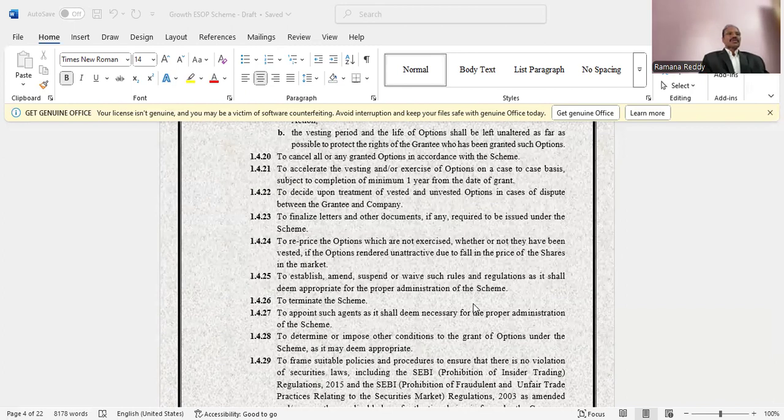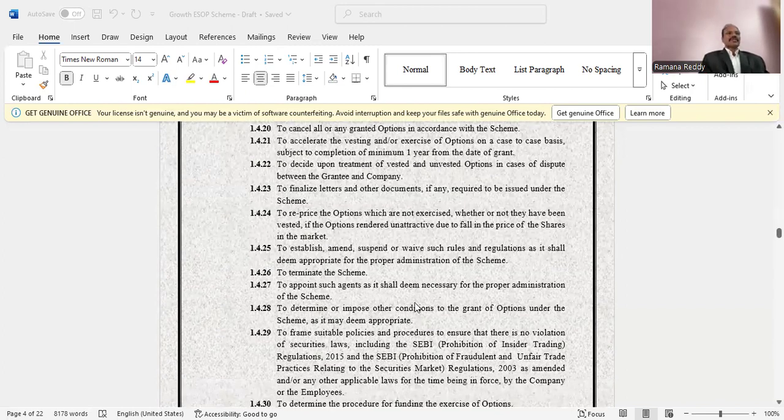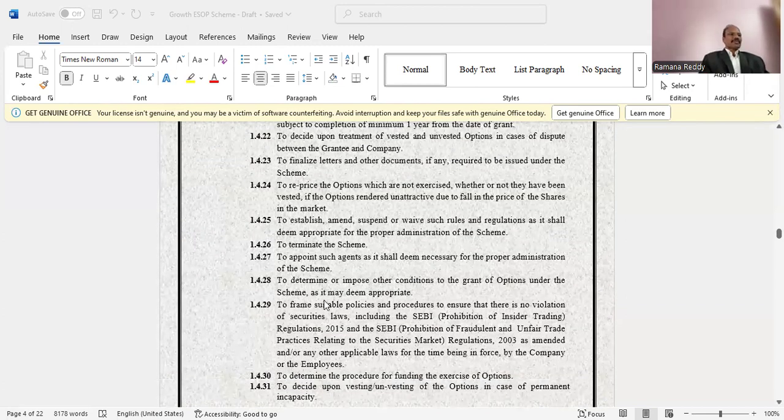And to terminate the scheme, the committee will take a decision. The committee has the power to appoint such agents as it shall deem necessary for proper administration of the scheme. And the committee has the power to determine or impose other conditions to the grant of options under the scheme as it may deem appropriate.